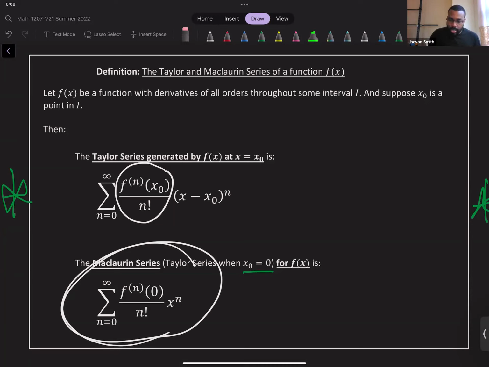So we do want to know how to find a Taylor series for a generalized center. But a lot of times, for theoretical reasons or just computational reasons, centering around 0 makes things a lot nicer, easier, and more straightforward, and we can use that in a lot of situations. So the Maclaurin series on its own is a good thing to know about.